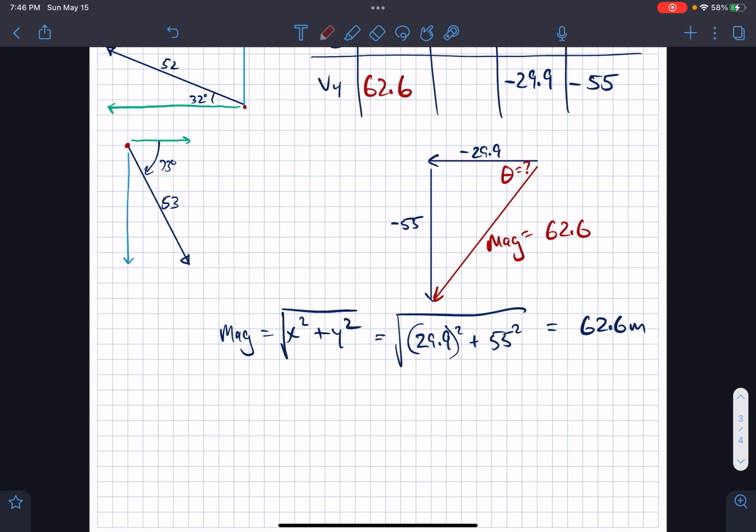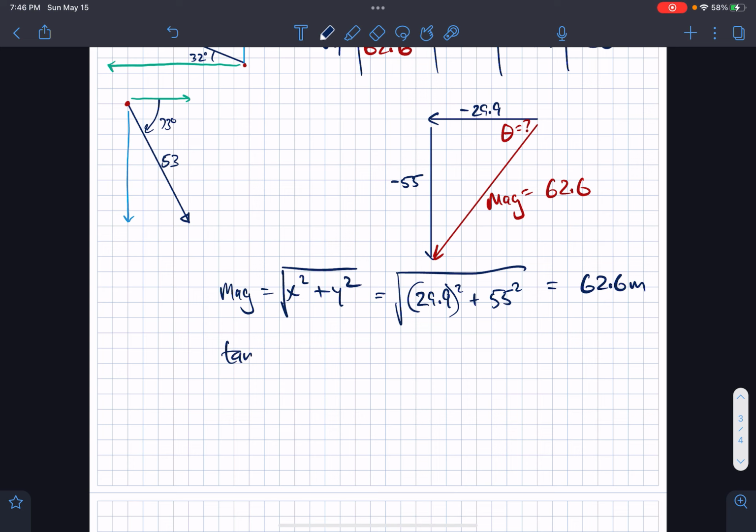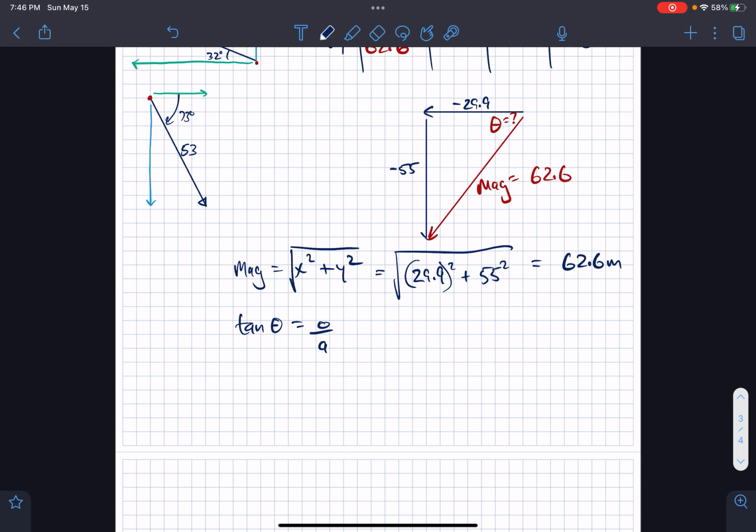And if you recall in trig, the tangent of an angle equals opposite over adjacent. That is, the ratio of the opposite to the adjacent side is going to give you the tangent of that angle. Well, if you want the angle itself, how do we undo that tangent? We take the inverse tangent of that fraction, or that ratio, opposite over adjacent.